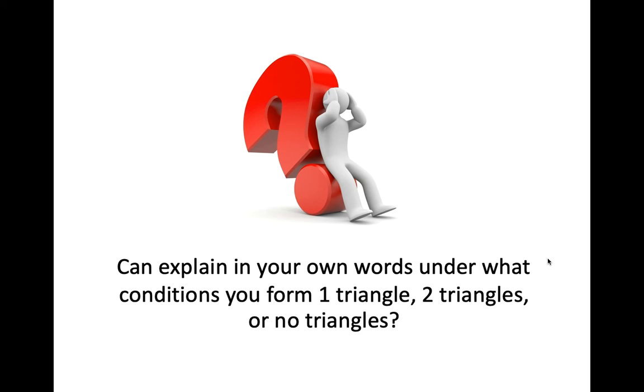And when the side called A was the same as the side called B or greater than, it made exactly one triangle. And the time when it was making two triangles was when that side in the middle was greater than the height but smaller than the side called B.